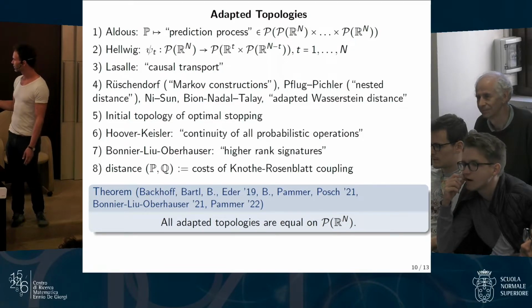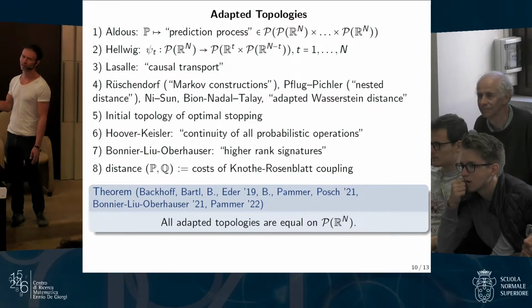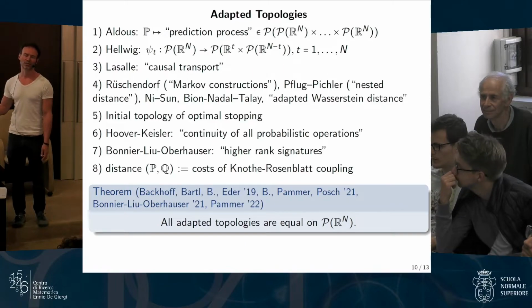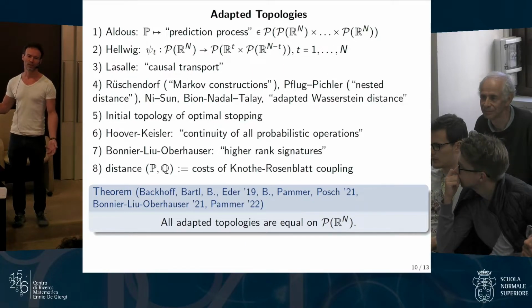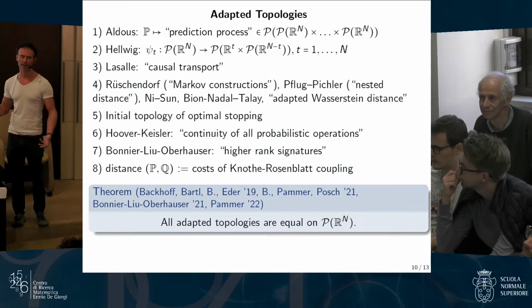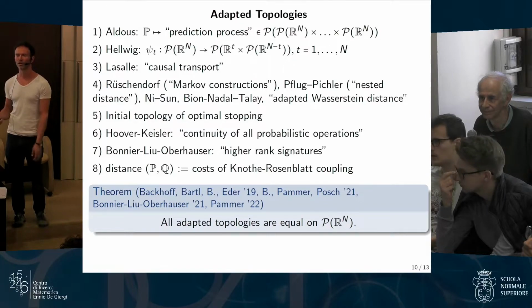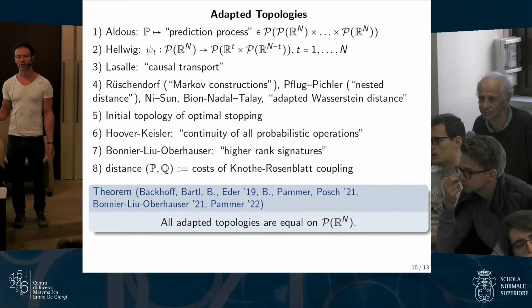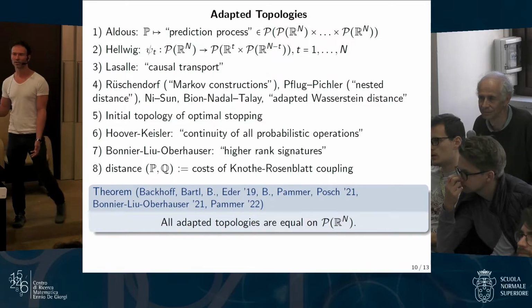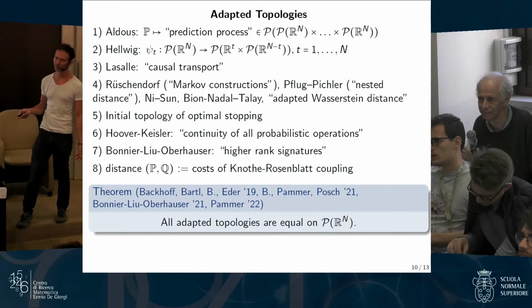And it's very reassuring that this Hoover-Keisler metric is equivalent to adapted Wasserstein distance. So it means that adapted Wasserstein distance really allows you to distinguish all probabilistic properties, whereas the other metrics are not strong enough for this.